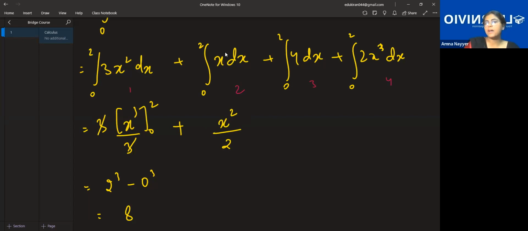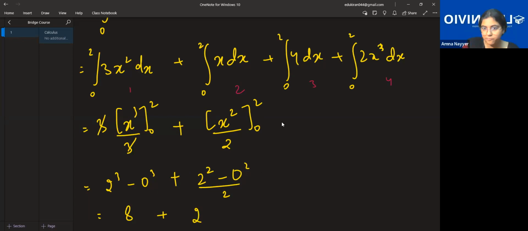See, x to the power 1, if nothing is mentioned, it means it is to the power 1. Yeah, he also has the answer. And we are integrating it from 0 to 2. See, nothing will be cancelled here, so we have to put in the value. So this is 2 square minus 0 square divided by 2. What is 2 square? 4 divided by 2 means 2. Till here all of you correct?